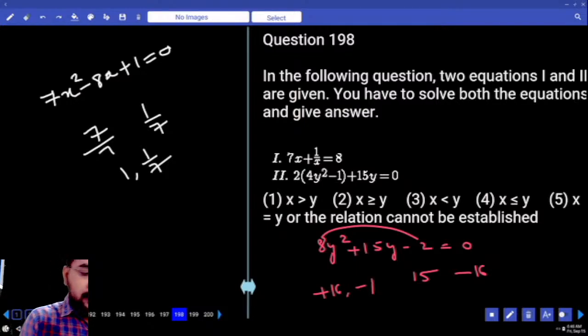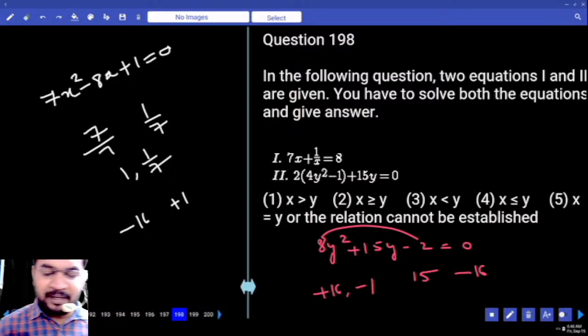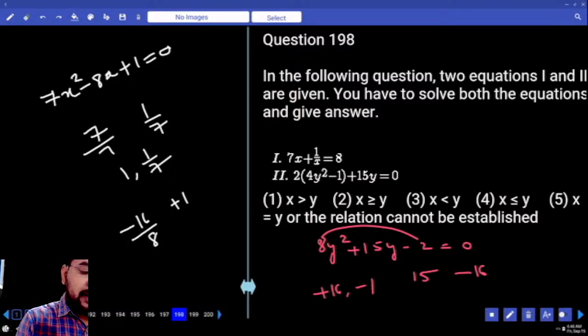It comes outside. Minus 16 plus 1. Are you clear or not? Divided by what? Divided by 8. This is minus 2. Minus 2 comma 1 by 8.